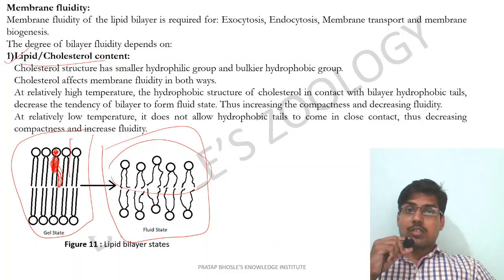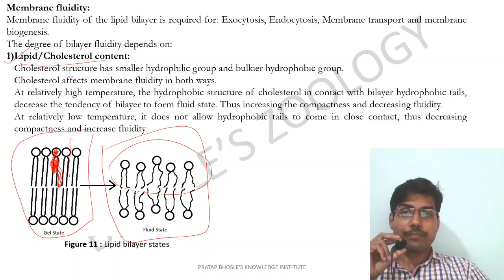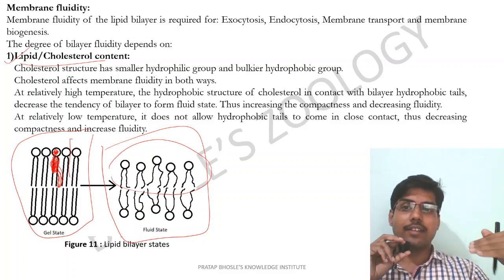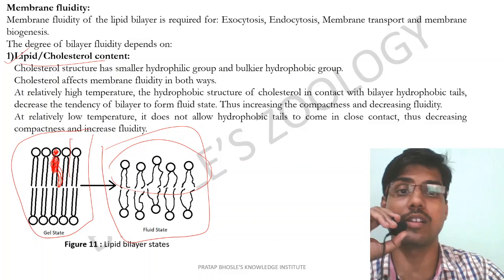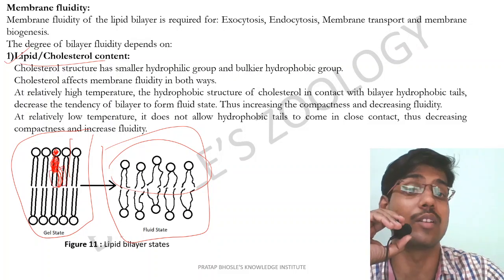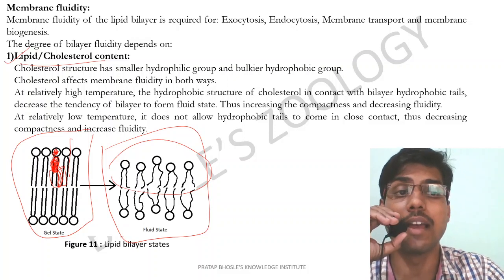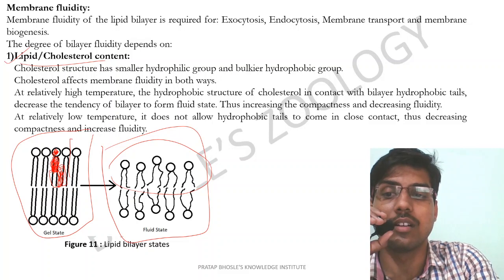So because of this structure, the cholesterol affects the membrane fluidity in both ways. How? At relatively high temperature, what happens is that this hydrophobic structure of the cholesterol, which is in contact with the lipid bilayer hydrophobic tails, right? What does it do?